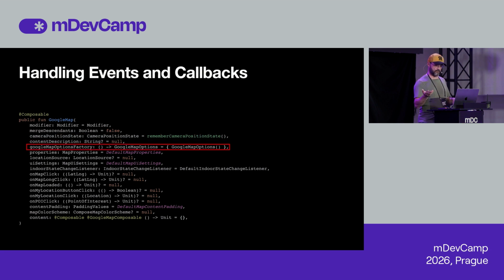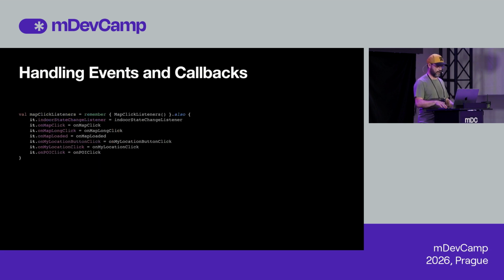And the Google Map options factory, again with a default one. And here we have all those listeners also set up by default as null. In fact, if you take a look at this API, I think everything has a default value. So you could just call Google Map and it will be initialized. If you need to start adding things like those properties or one listener, you can do it on a one-by-one basis, not by implementing or declaring everything.